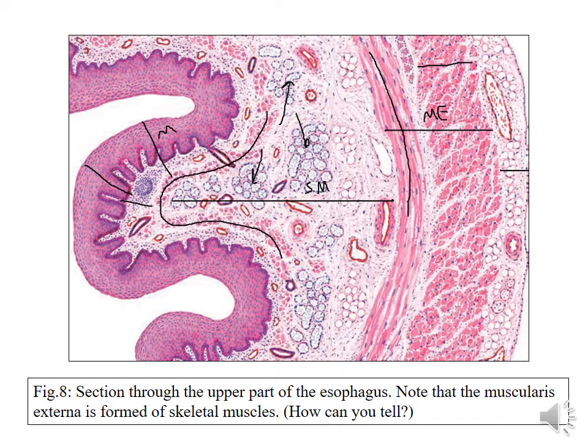So actually, I'm taking the longitudinal section through the circular muscle layer. So how do they appear? Long cells with nuclei at the periphery, and I have cross striation.